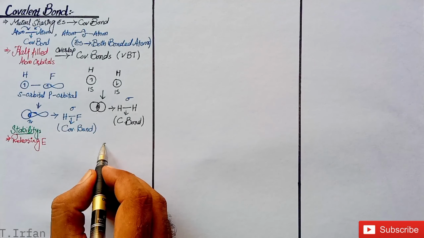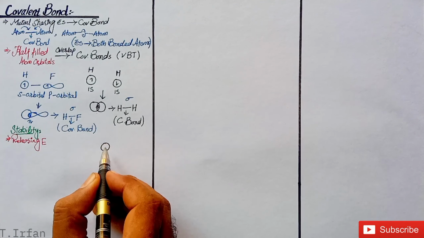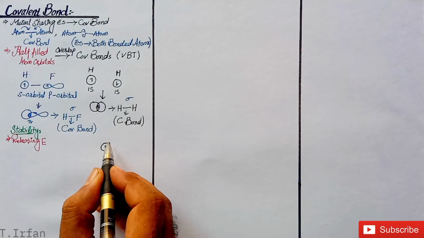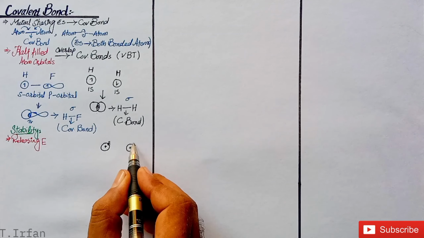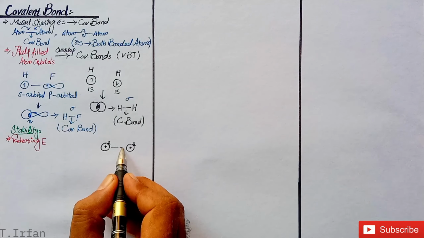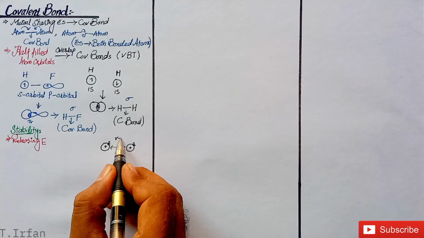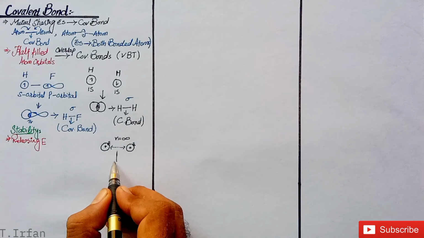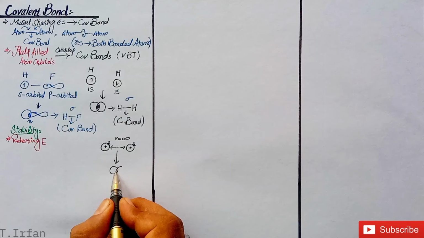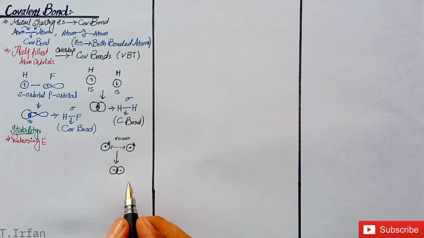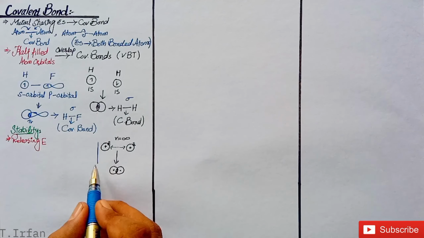Let's suppose we have two hydrogen atoms which are at infinite distance where there is no interaction between them. And when these atoms come close together, attractive as well as repulsive forces operate, and there is a distance where attractive forces dominate.